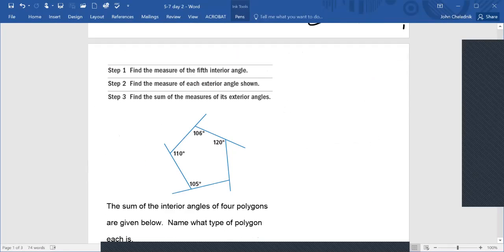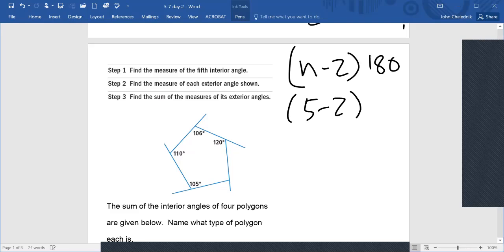Okay. Here it says find the measure of the fifth interior angle in step 1. Well, you have not learned this because I want to make sure to teach this lesson in person, but we're going to use a formula, this formula right here, n minus 2 times 180. Since this is a pentagon, we're going to plug 5 in for n.